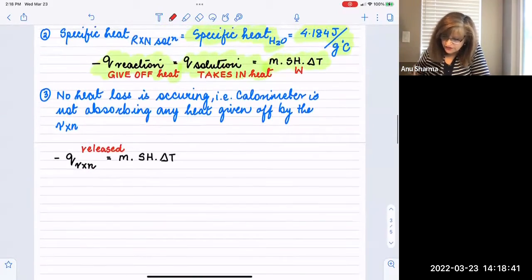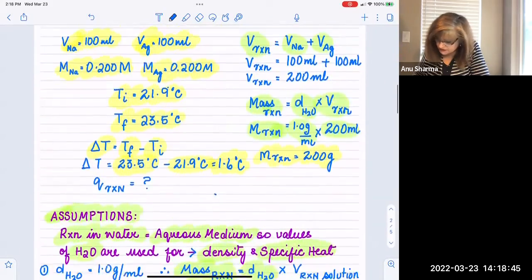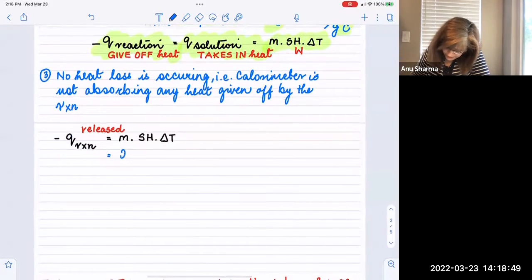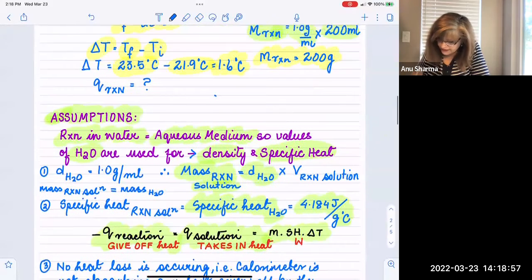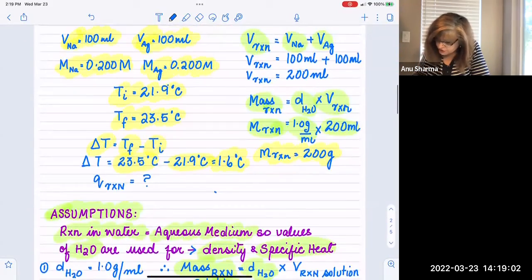The rest is just plugging in the numbers. The mass is 200 grams, for when sodium chloride and silver nitrate are mixed, 100 ml each.